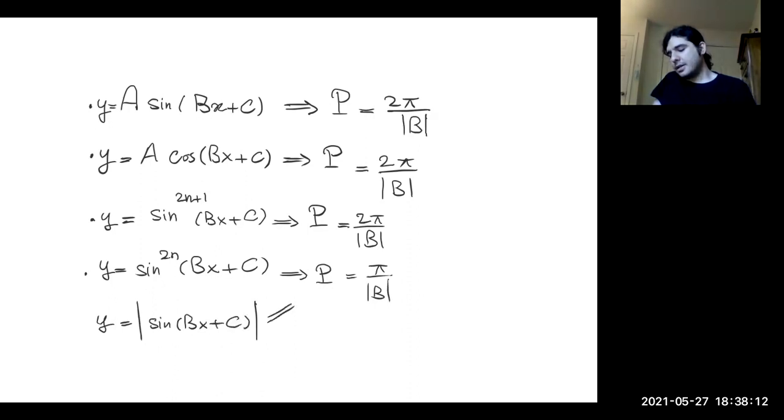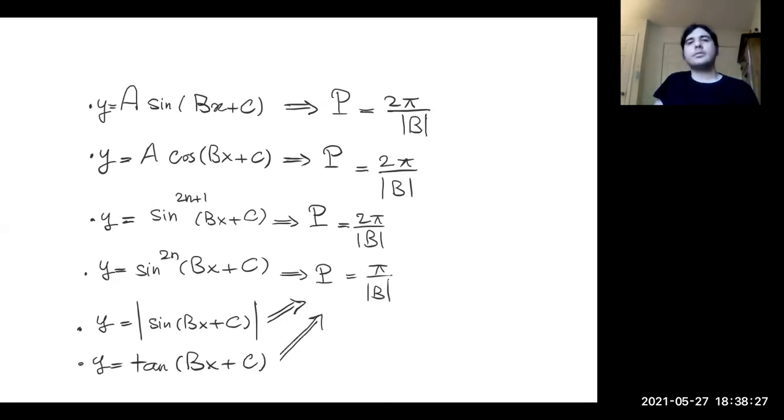The period is pi over the absolute value of b. Actually, the same thing is also correct for tangent. The tangent of bx plus c, again, has period pi over the absolute value of b, not 2 pi. It's still pi.